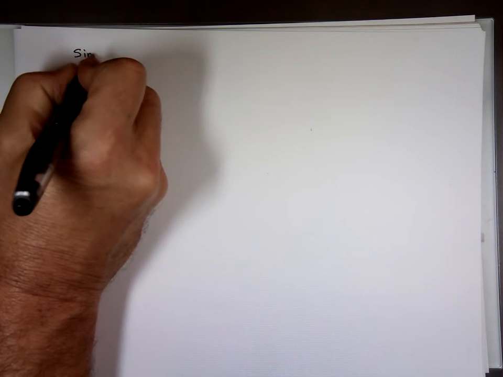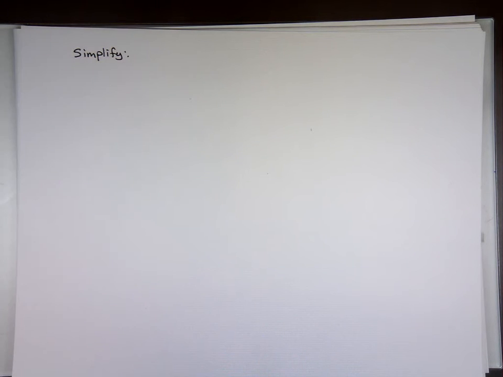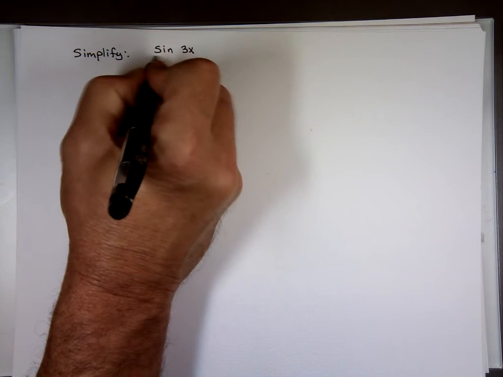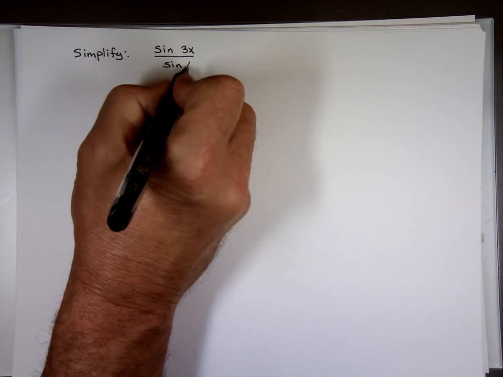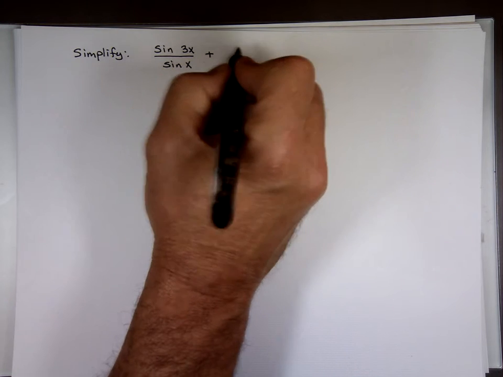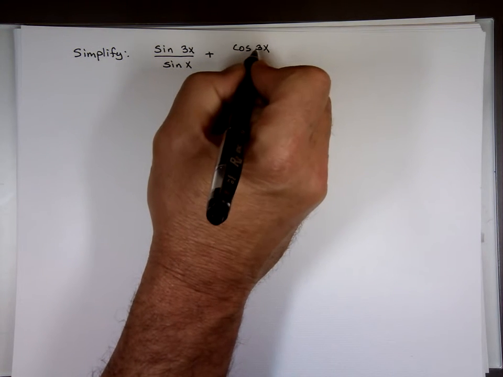Simplify: sine 3x over sine of x plus cosine 3x over cosine x.